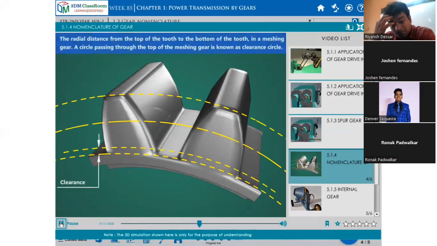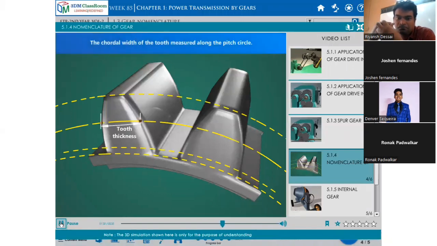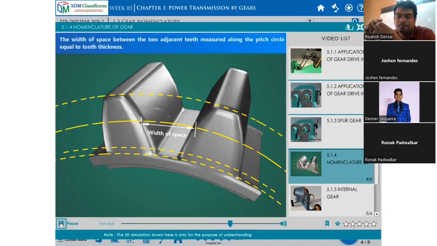Clearance, the radial distance from the top of the tooth to the bottom of the tooth in a meshing gear. A circle passing through the top of the meshing gear is known as the clearance circle. Total depth, the radial distance between the addendum and dedendum circle of a gear. Tooth thickness, the width of the tooth measured along the pitch circle. Width of space, the width between two adjacent teeth measured along the pitch circle.